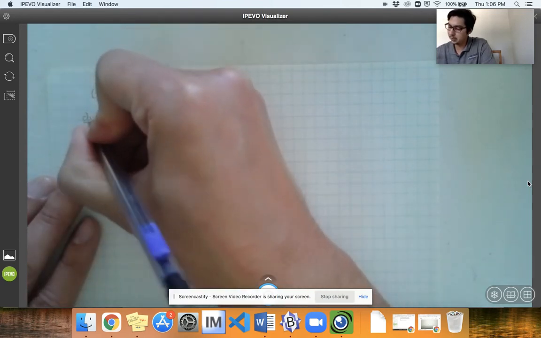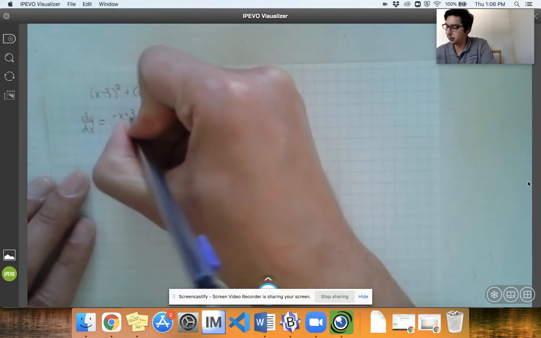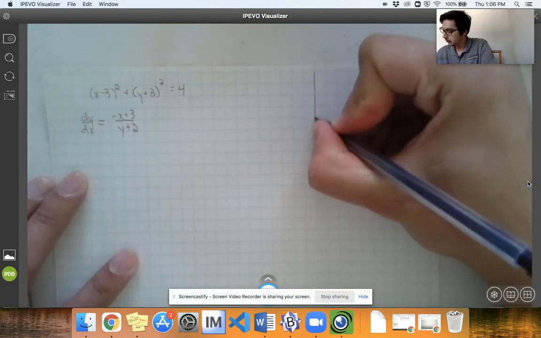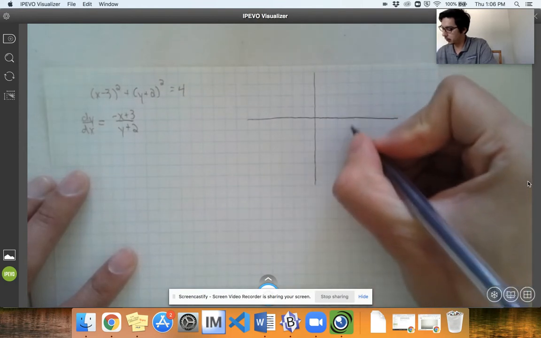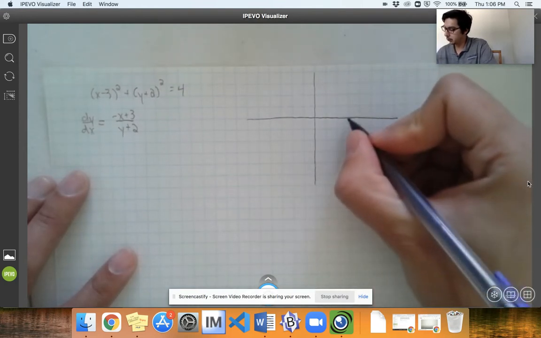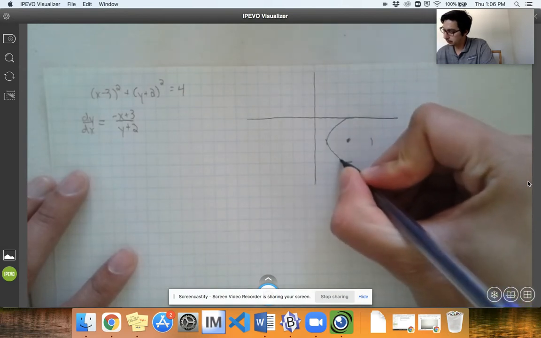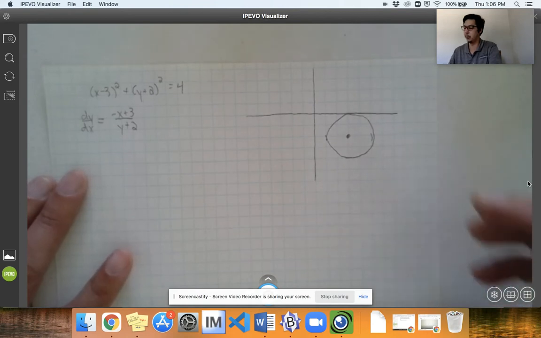We found implicitly that dy/dx is the function (-x + 3)/(y + 2). And visually, the circle is centered at (3, -2) with a radius of 2. Something like that. Not perfect, but gets the point across.